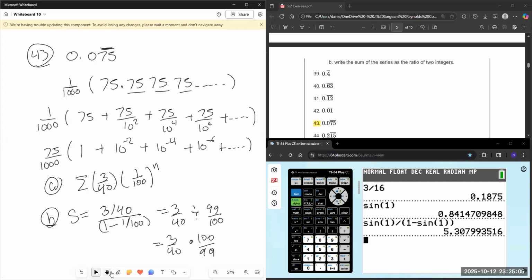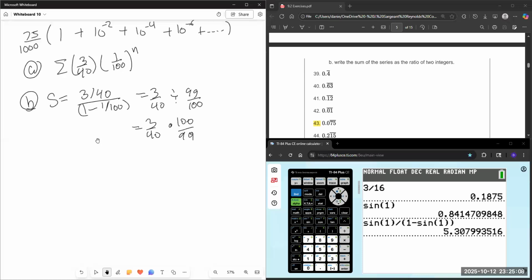So I'm going to do some simplification here. 3 goes into 99 33 times. Going to take out the 10 here. So far this is 100 over, or I'm sorry, 10 over 4 times 33. 2 goes into 4 2 times, and then into 10 5 times. So this simplifies to be 5 over 66.